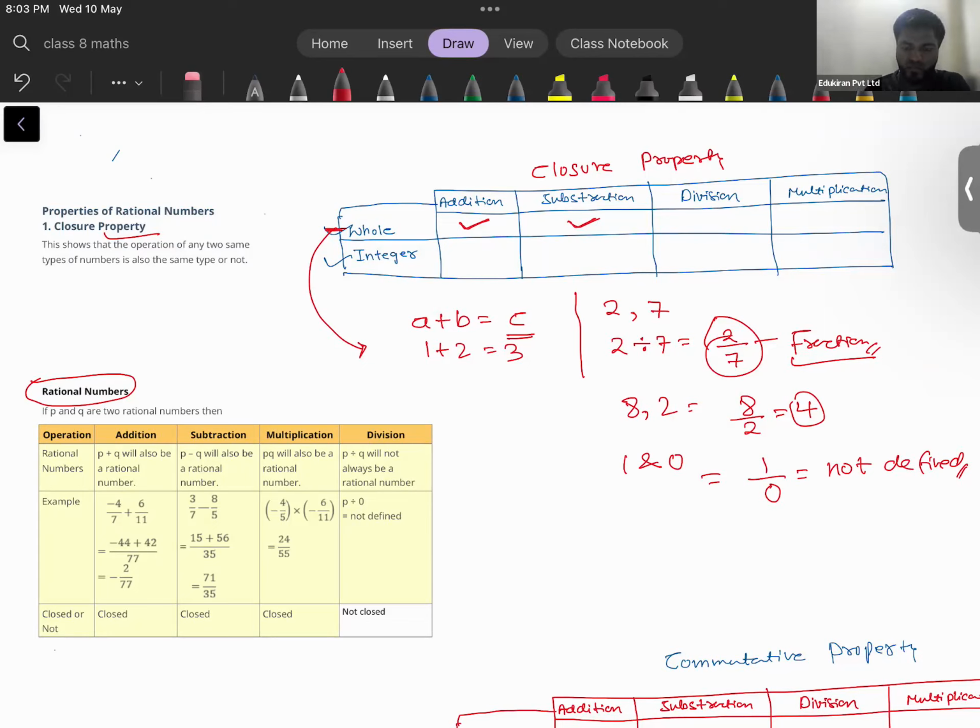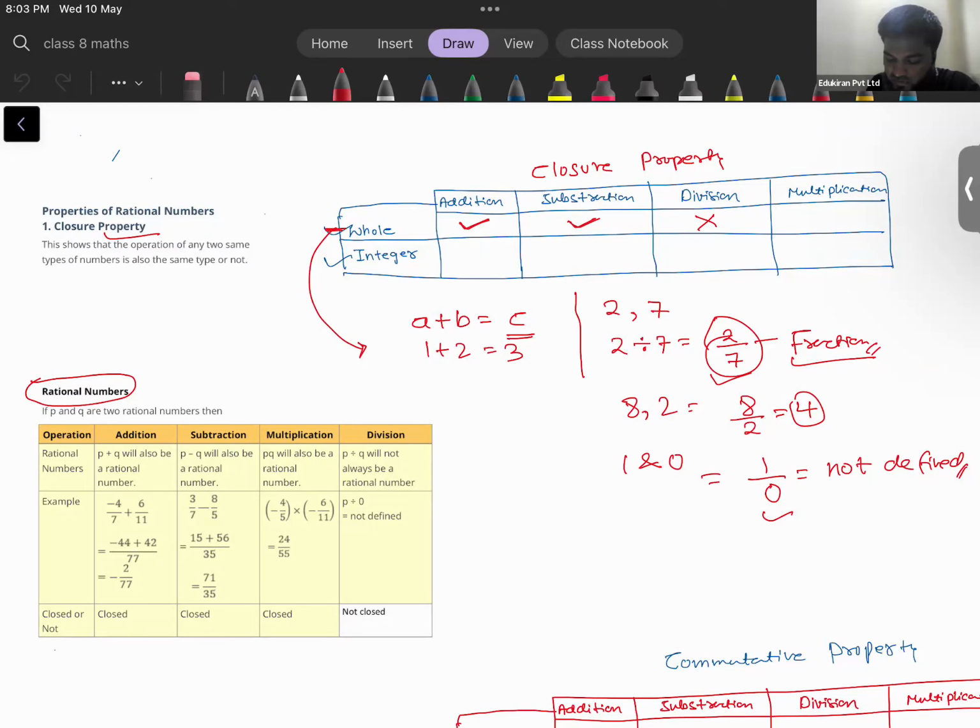So division is not applicable for whole numbers in general, but there are few exceptions. If we didn't have values which are not divisible, and if we didn't have 0, then it would have been applicable. But we have numbers which cannot be divided, and we have 0 which gives an undefined value.